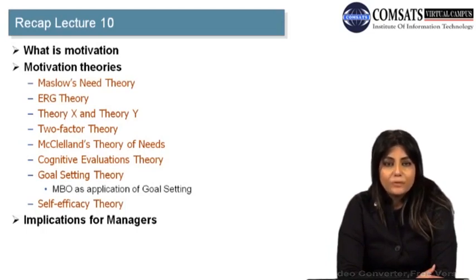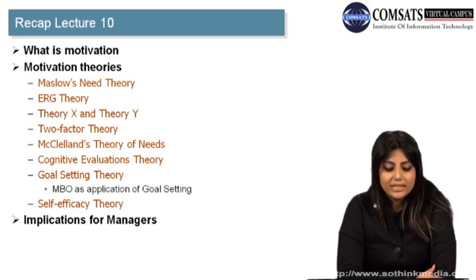Then we had a discussion of the contemporary theories of motivation, which are the cognitive evaluation theory and the goal setting theory. We also saw the application of the goal setting theory and the self-efficacy theory.